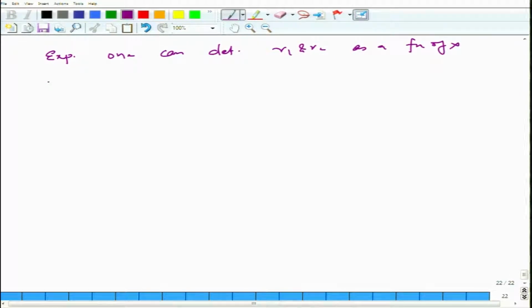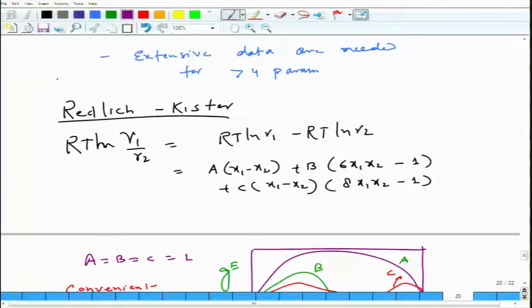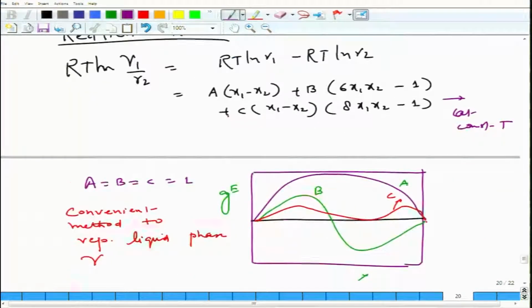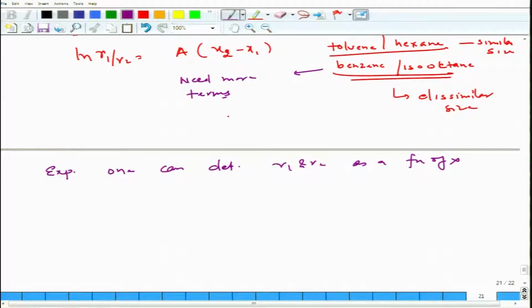Usually this expression should be at constant temperature, but in practice the temperature is varying, and thus we consider that it is valid.